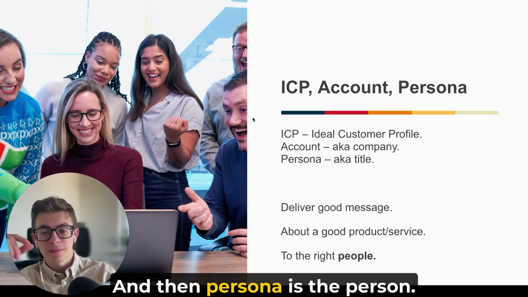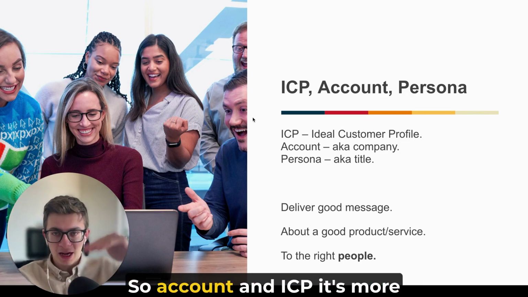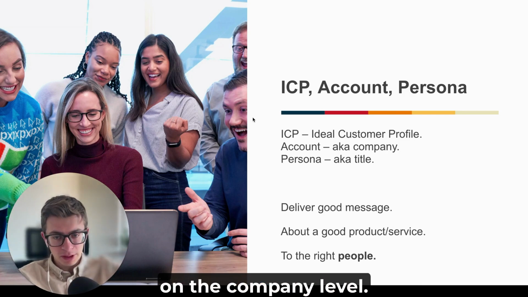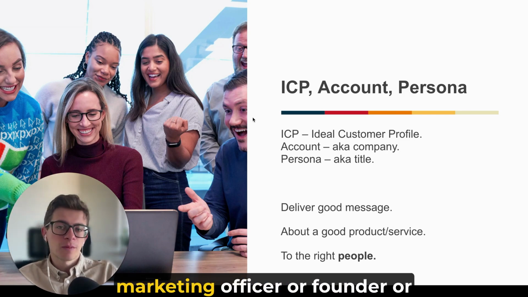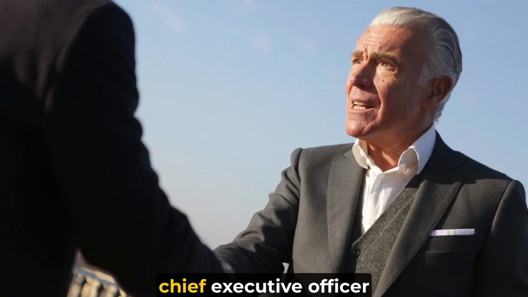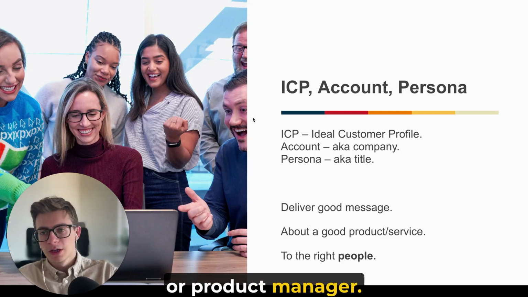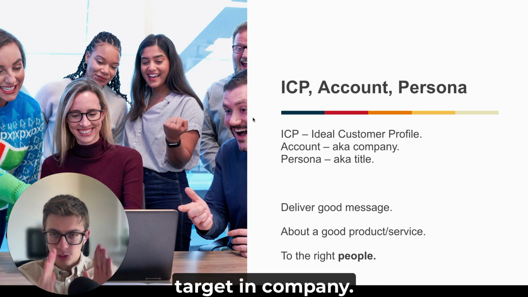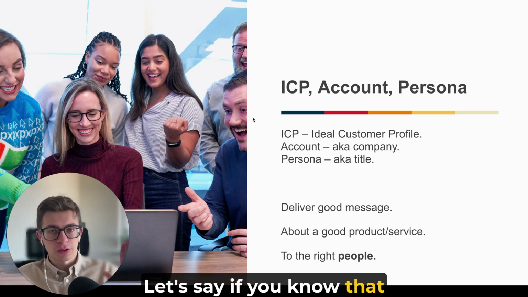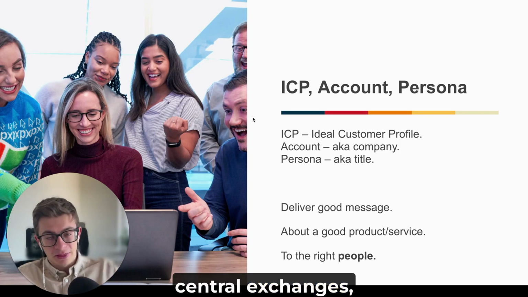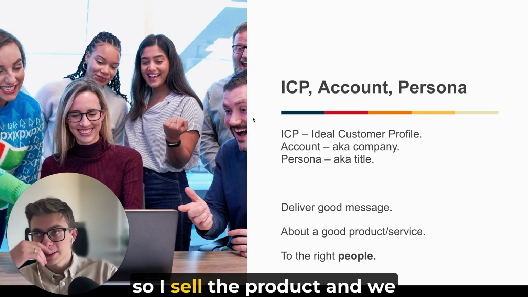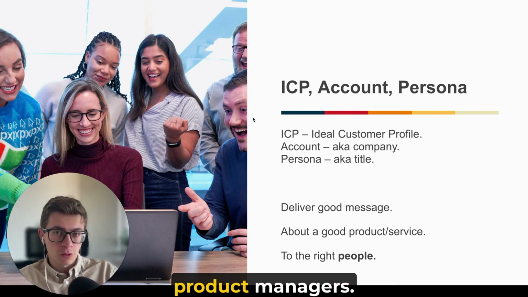And then persona is the person. So account and ICP are more on the company level, and persona is for people. Persona would be chief marketing officer or founder or chief executive officer or product manager. This is who exactly you target in this company. Let's say you know that you're selling a product that solves problems for centralized exchanges, and it solves problems for product managers.